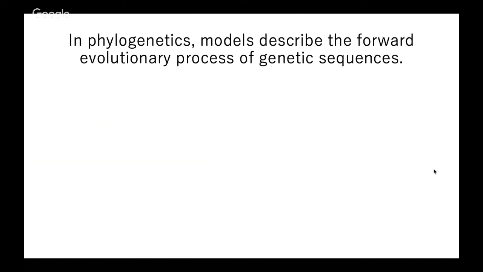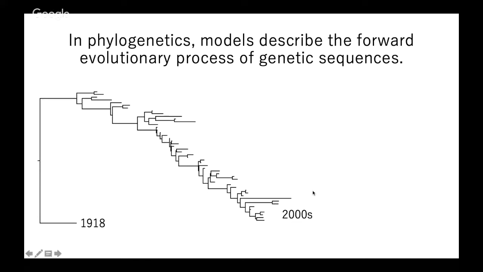Some models and associated assumptions that we spend time thinking about in evolutionary biology and phylogenetics specifically are phylogenetic substitution models, which aim to describe the forward evolutionary process of genetic sequences. As an example, I'm showing the phylogenetic tree of seasonal H1N1 influenza virus from the introduction into the human population in 1918. This year marks the 100th anniversary of the 1918 flu pandemic.